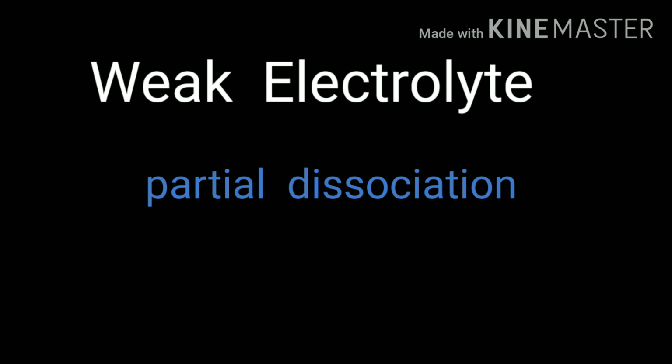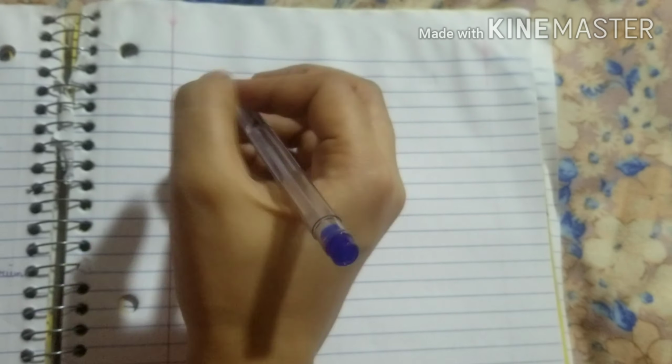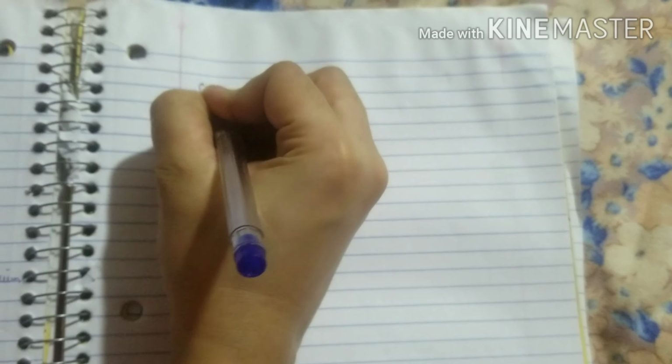Okay, their dissociation is not complete, and this changes the Van't Hoff factor. And weak electrolytes involve the degree of dissociation, as in to what extent they can dissociate. So now we are going to study the relationship between the Van't Hoff factor and degree of dissociation. First we have to consider an electrolyte.